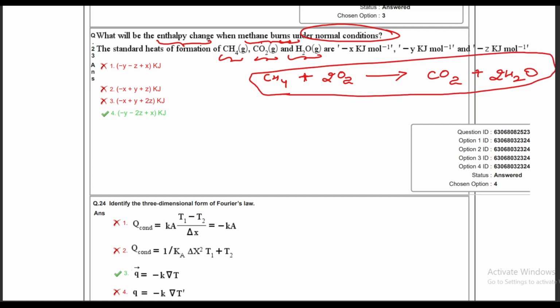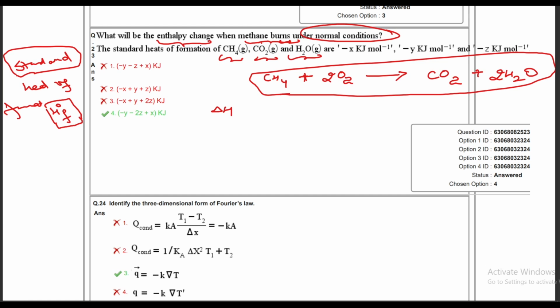Balanced reaction. So in this case you have to know about change in enthalpy. The enthalpy change for this reaction we can calculate using standard heat of formation. So you have to use standard heat of formation of both reactants and products. So focus on standard heat of formation, and you can denote it as ΔHf°, standard heat of formation for both reactants and products.